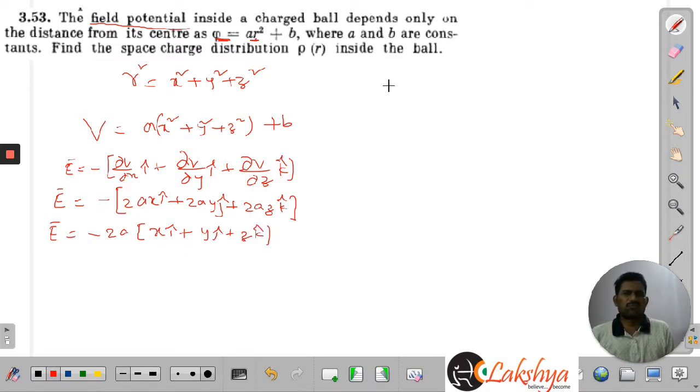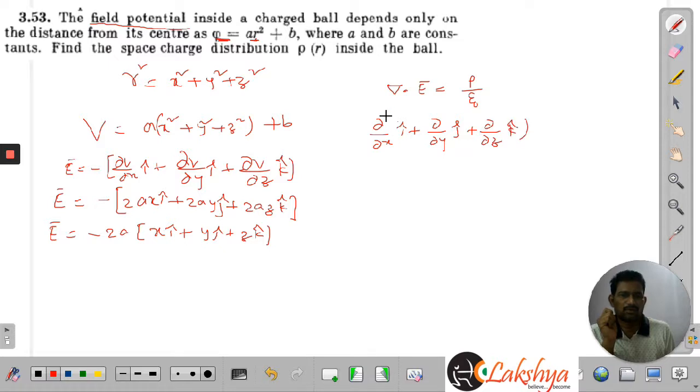Now let us write this Gauss law in differential form here. Our Gauss law is nothing but del dot E bar is equal to rho by epsilon naught, right? Now let us substitute our del operator. Del is nothing but dou by dou x i cap plus dou by dou y j cap plus dou by dou z k cap.